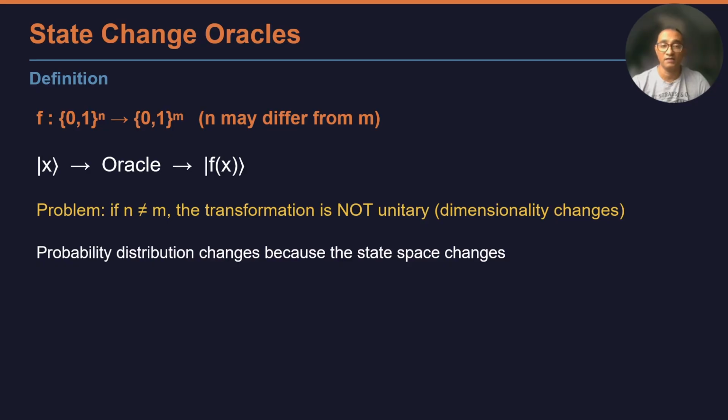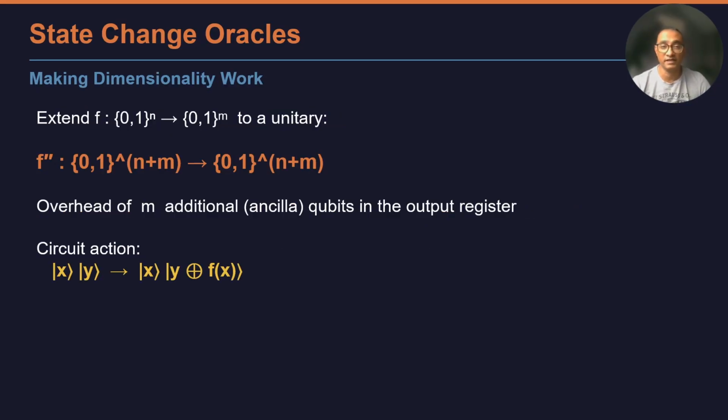So we can have a look at the example. If you want to work with the dimensionality change, you can add additional qubits to balance out n equal to m, but this will add some overhead because you are now putting in extra qubits to balance out between input and output.